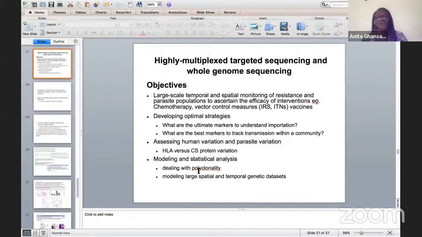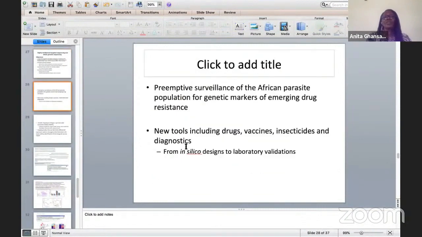Yeah. So I was talking about how we were using highly multiplex targeted sequencing to answer specific questions of public health importance. We are interested in modeling and statistical analysis to help us deal with polyclonal infections and large-scale temporal and genetic data sets. We want to preemptively surveil the African malaria parasite for genetic markers of resistance.